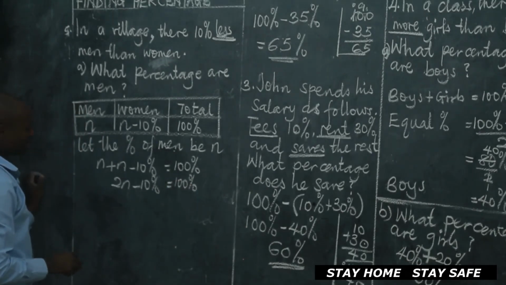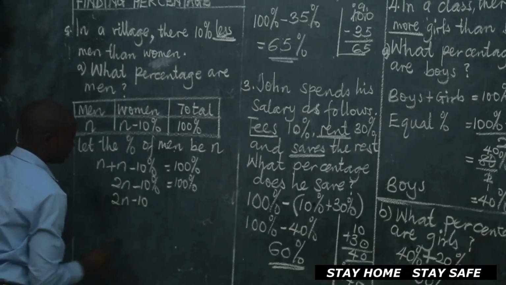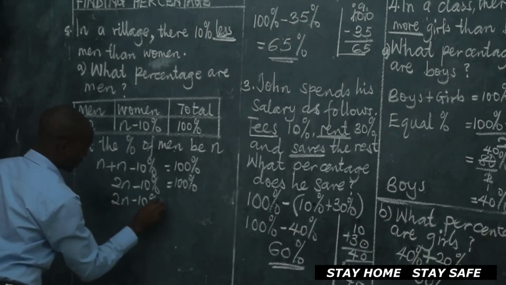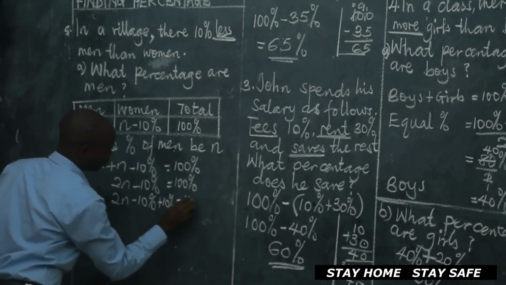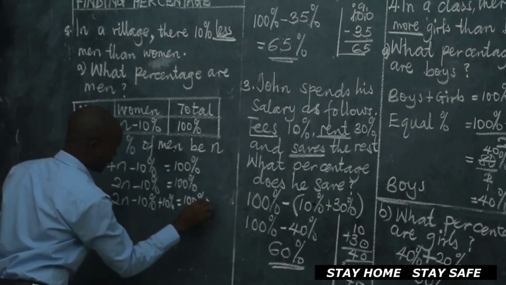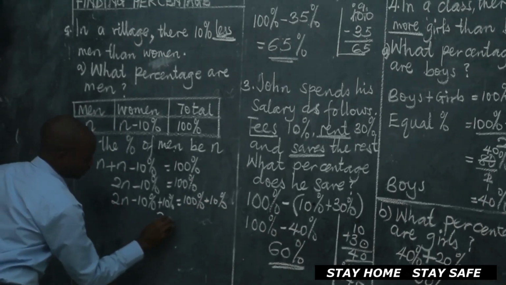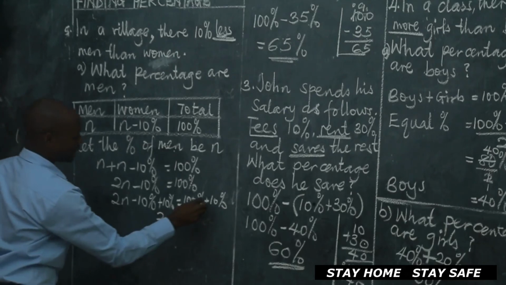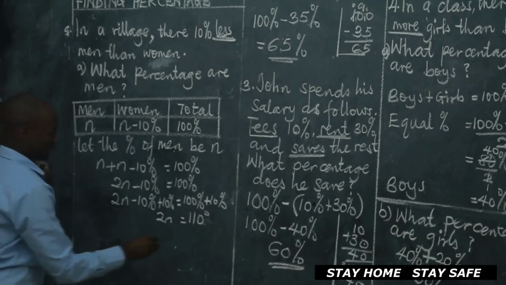So if I want to get the value of N, we shall have 2N minus 10, then we add on 10, and this one is equal to 100% plus 10%. So our 2N is equal to 110%.